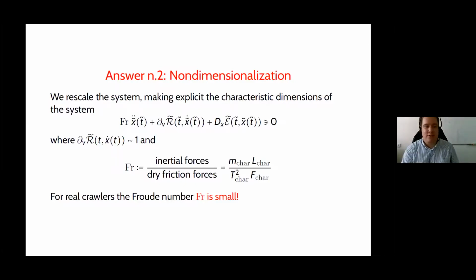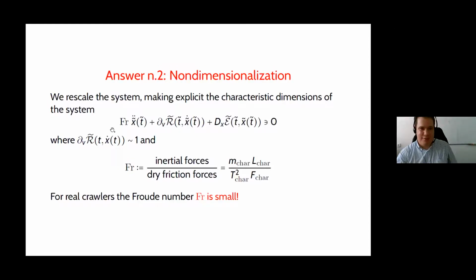But your crawler can also crawl inside a tube, so maybe the normal force is not coming just from gravity, but also from the pressure against the tube. So what really makes sense is to measure the ratio between inertial forces and dry friction forces. And this is what we actually get if we make a full non-dimensionalization of our system. This is the coefficient that we get in front of the inertial term.